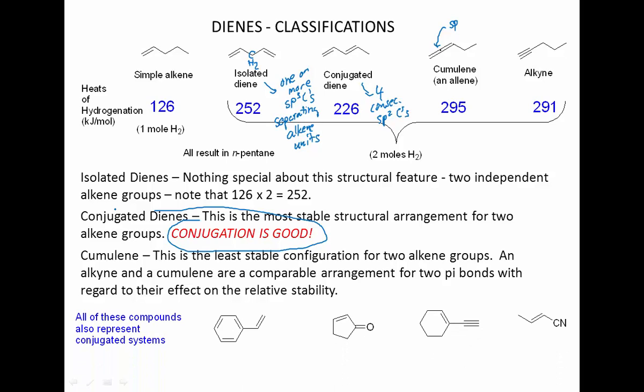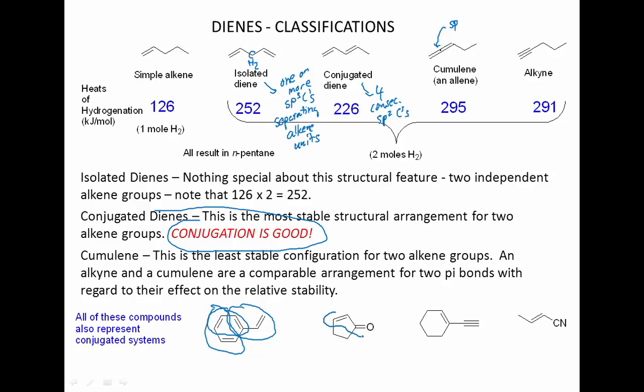Okay, it's not just alkenes that can be conjugated. As long as we have any set of pi bonds in this alternating arrangement like you see here, we consider it a conjugated system. Okay, so here's a conjugated system here, here's one here. There's lots of conjugation in this molecule. In fact, there's really 4 double bonds in conjugation in this compound here known as styrene.